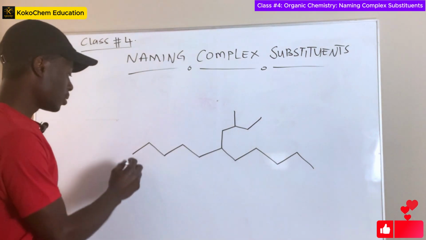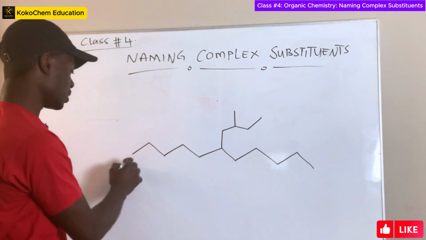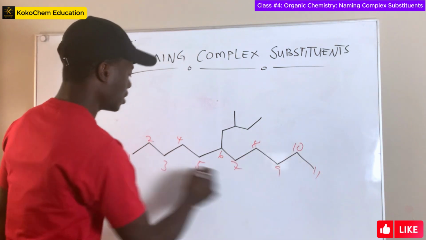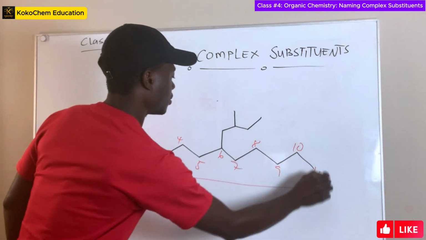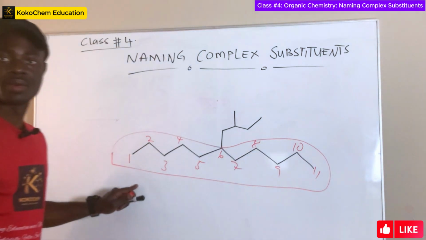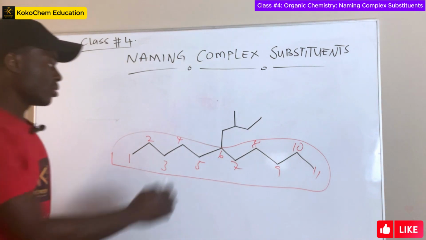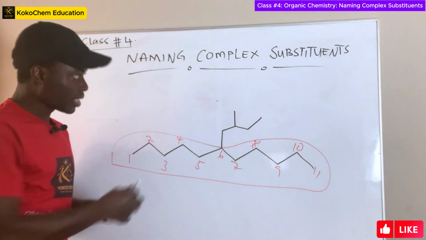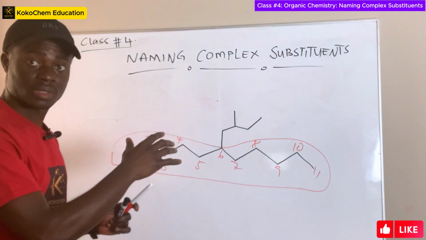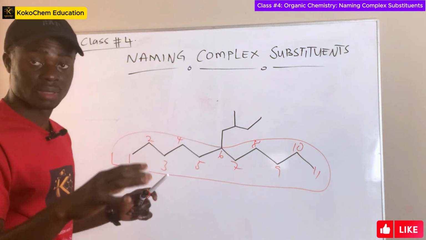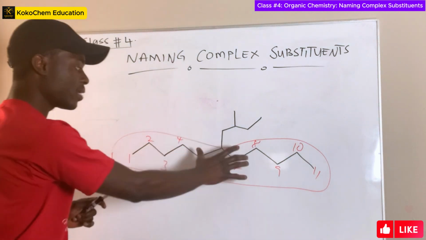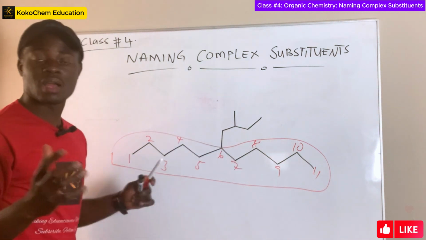That will be the parent chain, and the top part will be the substituent. This is a complex substituent. It no be the small substituent like 1 carbon, 2 carbons, 3 carbons. So if you get this case, how you go fit name them?